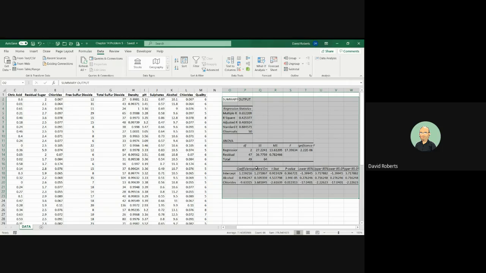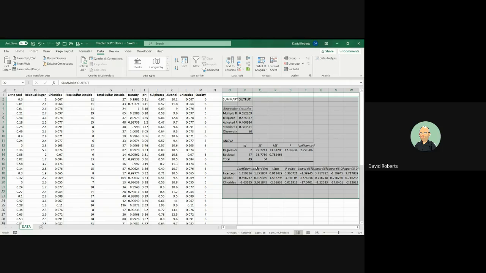We can see that alcohol has a slope of 0.4962, positive, and that chlorides has a negative slope of 9.633, which means the more chlorides you have, the lower quality you have. That's what it represents.